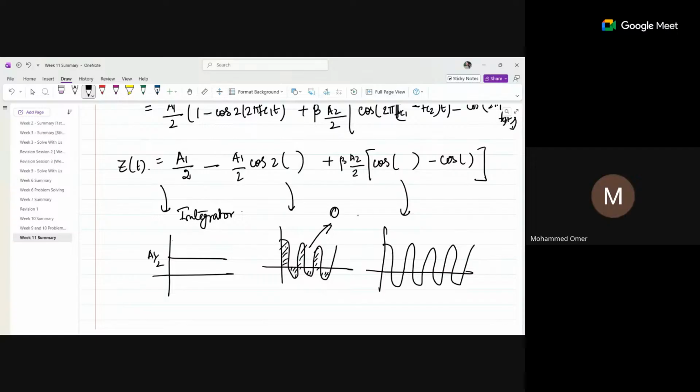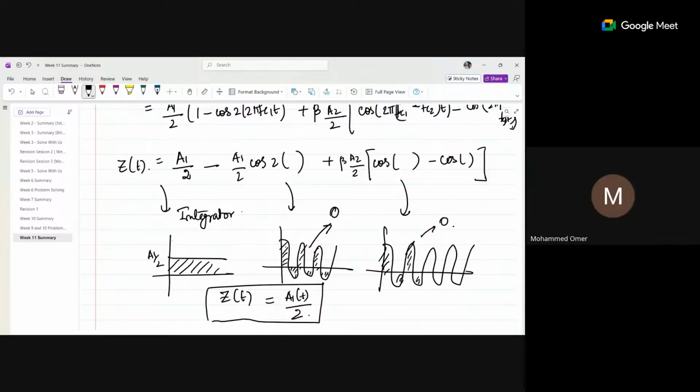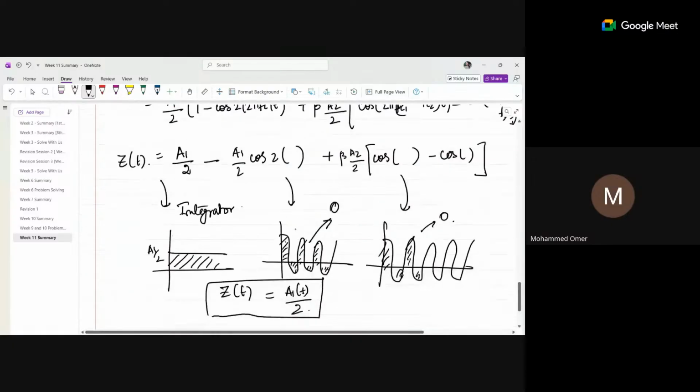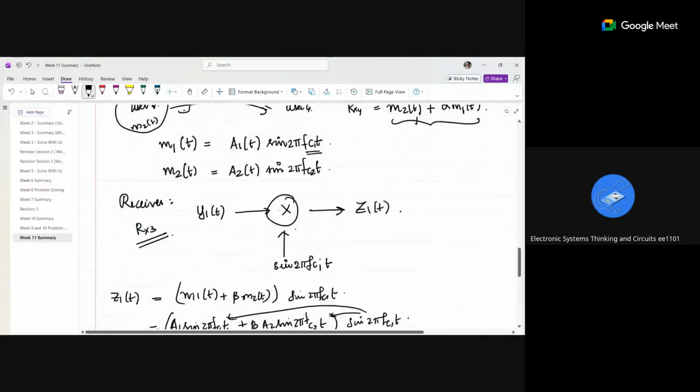It will become 0. Similarly, this will also become 0. Only this term will remain. So after passing it into an integrator, z of t will be a1 of t by 2. I'll be able to get back my data, but divided by 2. So high frequency signals are not transmitted. This is how we reconstruct our signal.